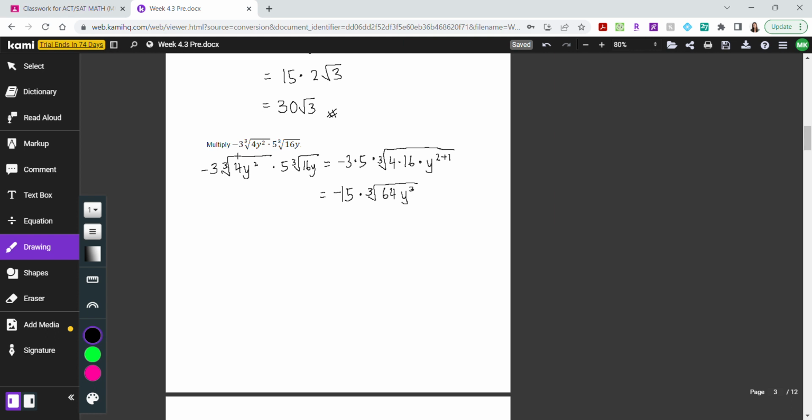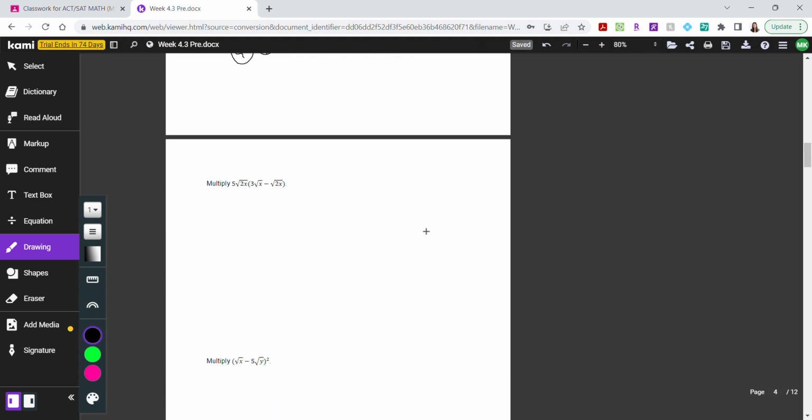All right, and then actually, if you notice, 64, if we simplify it, because these are repeated 3 times, that means it's going to be negative 15 times 4 times, and I immediately know cube root of y to the power of 3 is going to be y. So once we multiply all this together, we're going to get negative 60y as our answer. All right? And that's how you multiply radicals.